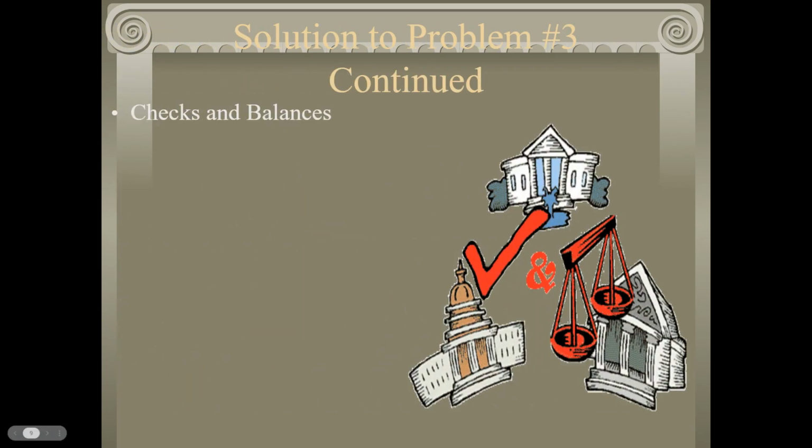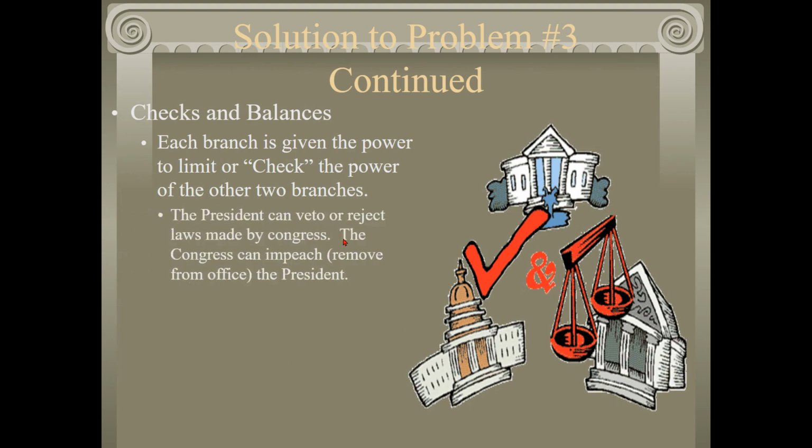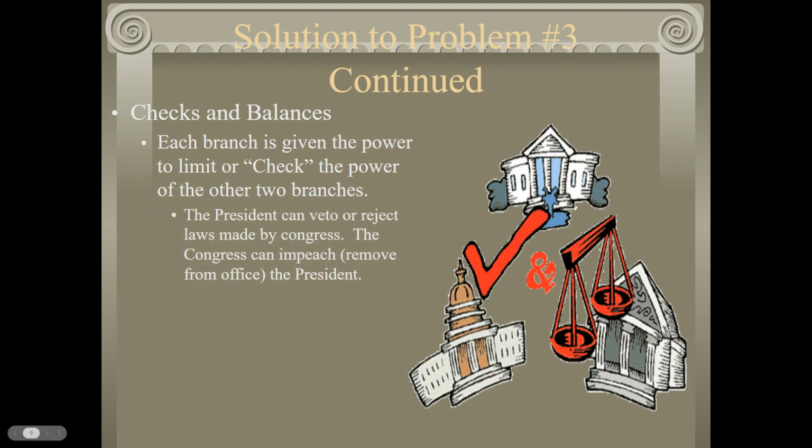Checks and balances basically says that each branch has the ability to check or limit the power of the other two, right? If they think that one of the branches is abusing their power, they can check that power. They can correct that power. And so that way, no one branch would be able to take over the other two branches.